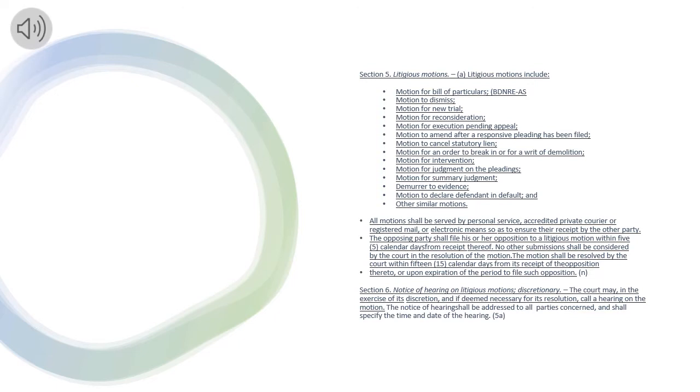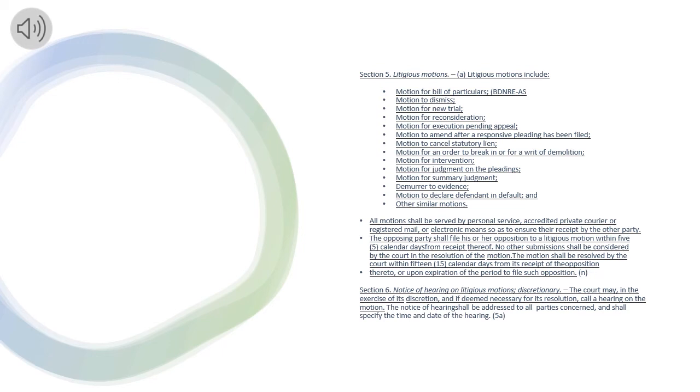The opposing party shall file his or her opposition to a litigious motion within 5 calendar days from receipt thereof. No other submissions shall be considered by the court in the resolution of the motion. The motion shall be resolved by the court within 15 calendar days from its receipt of the opposition thereto, or upon expiration of the period to file such opposition.